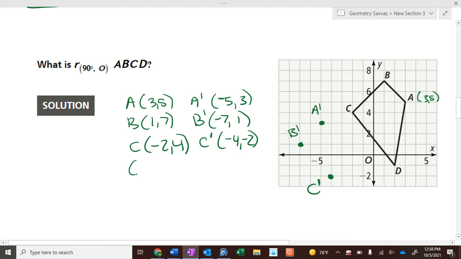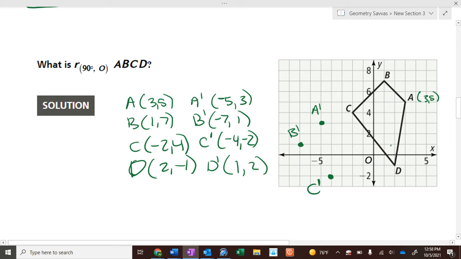And D was at 2, negative 1. So it'll be at 1, 2. And since the y was negative, it becomes positive.